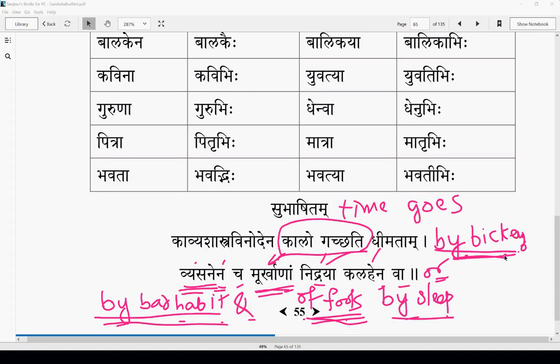So fools spend their time by bad habits of sleep and bickering. Yeah, that is the purport. That is the purport in English. But how does it? That is how it makes sense. But if you literally put it using the exact words what I have written here, so how do you put it?